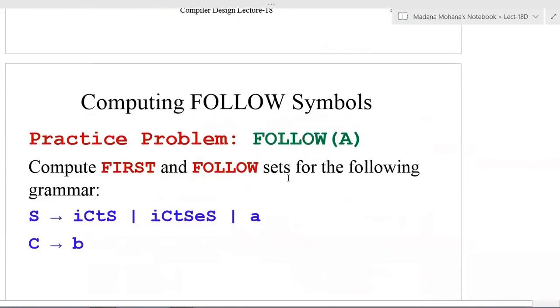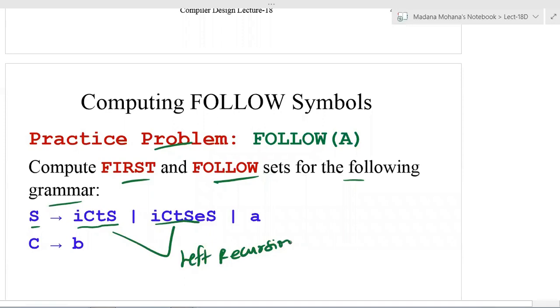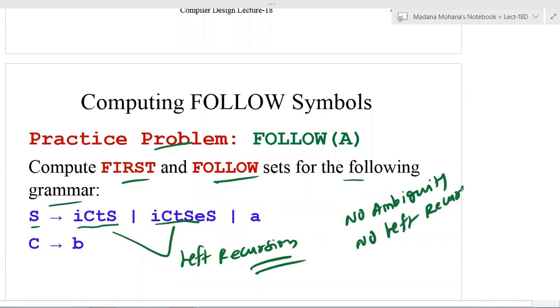So now you can practice one similar problem, where you find both first and follow sets for the following grammar. Here you can see S derives iCtS. Here we have left recursion. Another important point, whenever you are applying a predictive parser, the grammar should have no ambiguity and no left recursion, and left factoring needs to be applied.